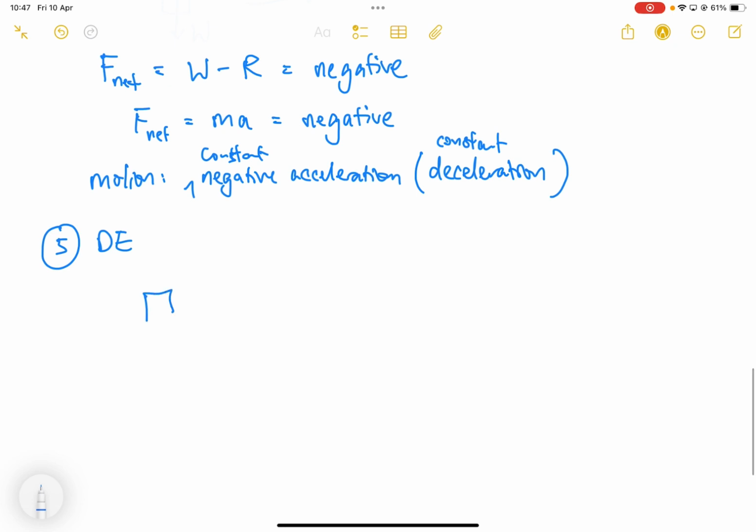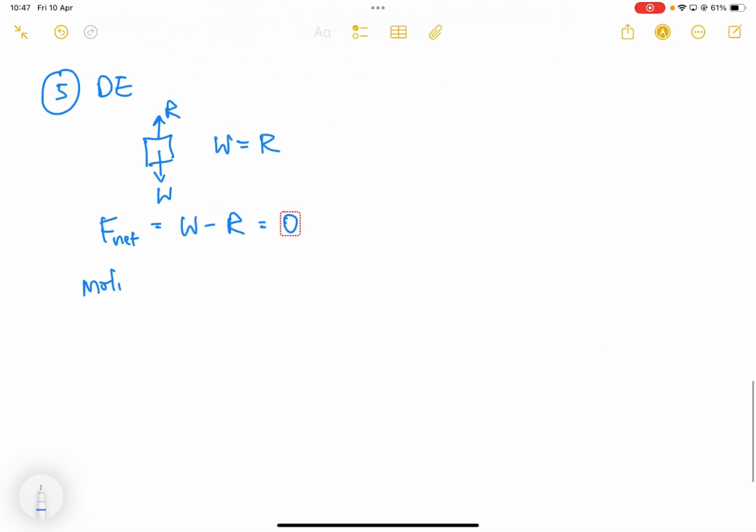So here it is similar to earlier on where the weight is equal to the air resistance. Right, weight is equal to air resistance. Therefore, resultant force is again how much? 0. All right. Therefore, since F net equal to 0, there is 0 acceleration and constant speed.